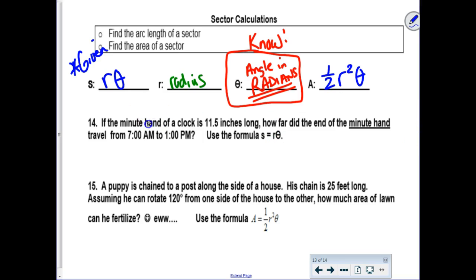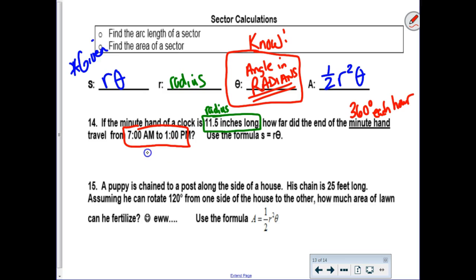All right, moving along, we have this clock question, everyone's favorite. We have an 11.5 inch long minute hand. That is the radius. And then the minute hand, what does it do during 7 a.m. to 1 p.m.? So the minute hand, every hour, it rotates one full revolution. So 360 degrees each hour.